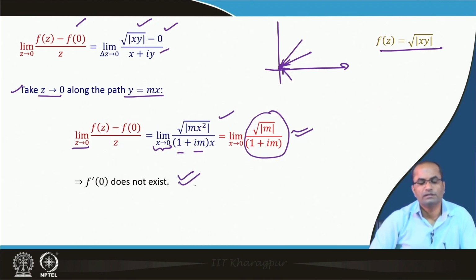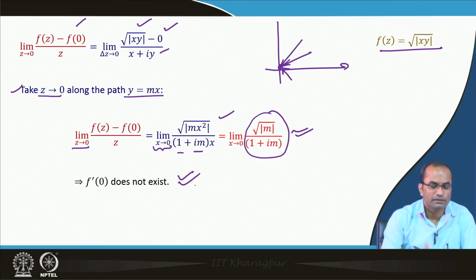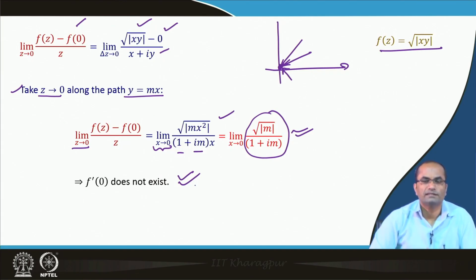So, what is interesting in this example as compared to the earlier one, there the derivative exists, the CR equations were satisfied at origin. In this problem, CR equations are satisfied at origin, but the derivative does not exist. And again to remind that the CR equations are just necessary conditions, they are not sufficient conditions to claim the differentiability or analyticity.